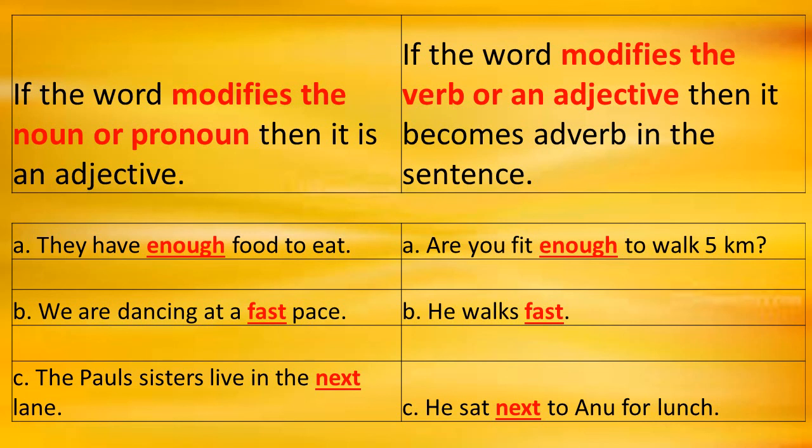First one is adjective and the other one is adverb. Next example says the Paul sisters live in the next lane, and the other example is he sat next to Anu for lunch. So first example modifying the noun and the other example modifying the verb. I hope it is clear.